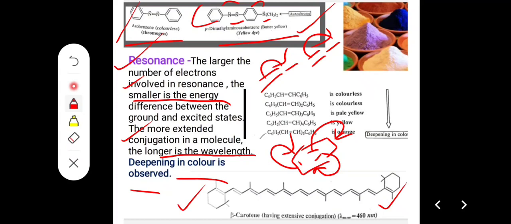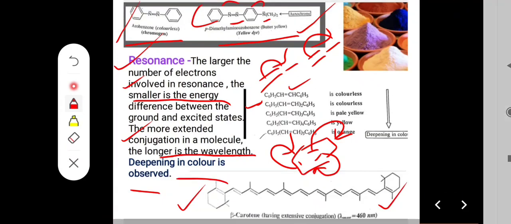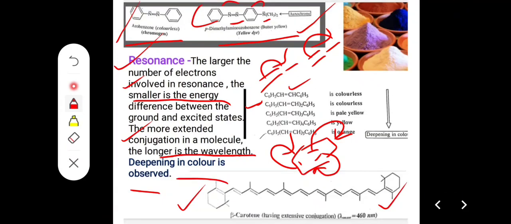Here we know, C6H5-CH=CH-C6H5 is colorless. Here again the double bond increases, so it is again colorless.